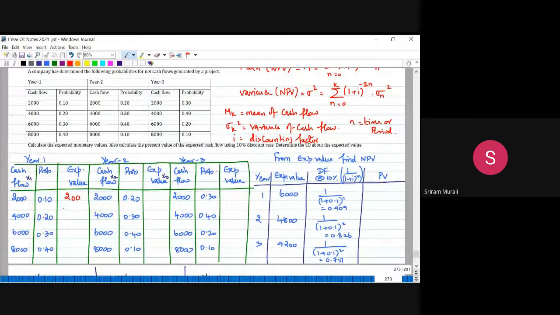Okay, what is the first year cash flow? This is 800. First year expected income is 6,000. That is why this is 6,000. What is the second year? It is 400, 1,200.